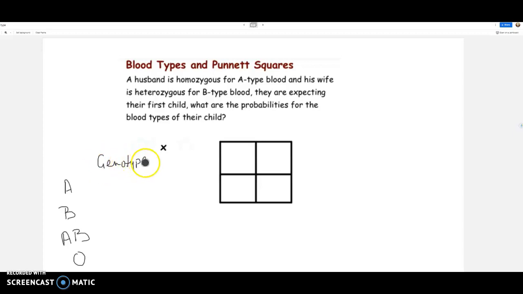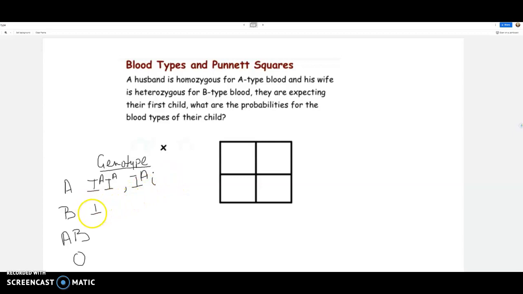This is an example of codominance. There will be two alleles which are going to show their impact in the genotype. A is represented by I, and if it is homozygous, it will have two alleles, I A and I A, and if it is heterozygous, then it will have I A and lowercase i. This lowercase i represents an allele that does not make any protein.